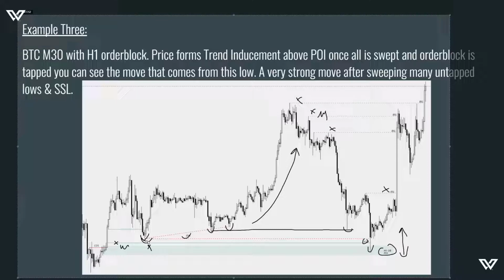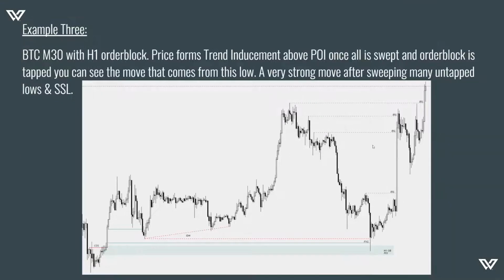You can buy the reclaim of this low, and look at the reaction we see. It takes out all of this buy side liquidity. Really nice example actually. It's your perfect idea of a reversal setup and inducement setup with just so much liquidity.